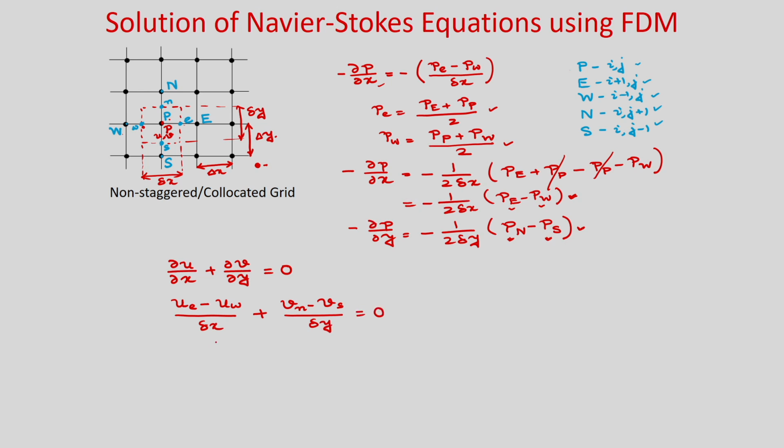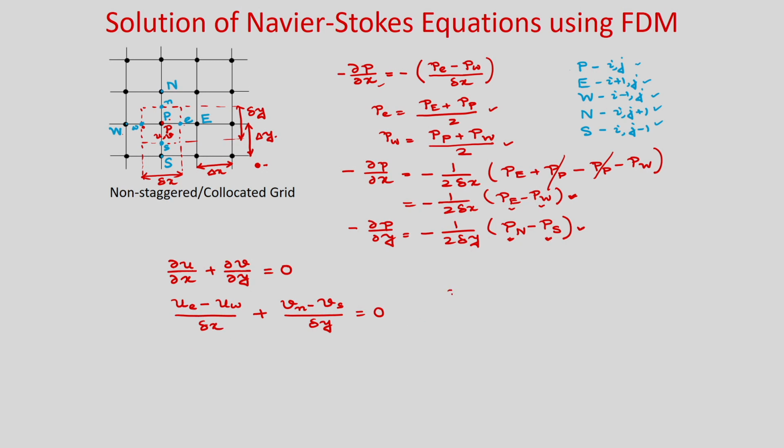So, velocities we are solving at main nodal point P, but after discretizing this equation the velocities are involved at the faces, small e, small w for u and small n, small s for v, but velocities are not known at those points. So, again you need to do the interpolation.